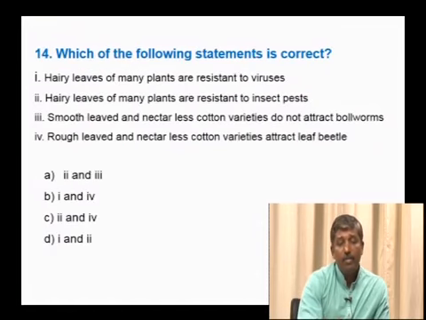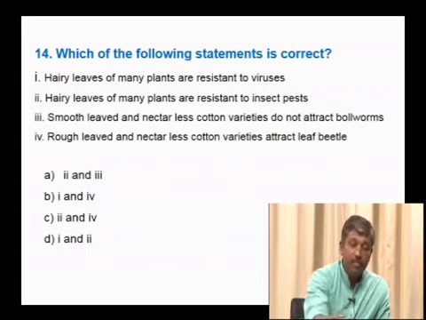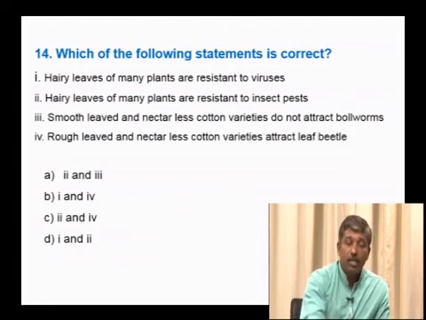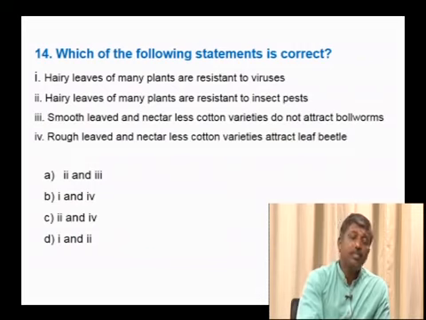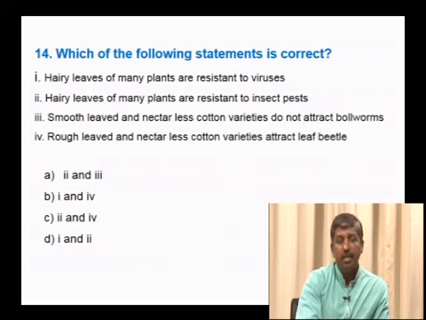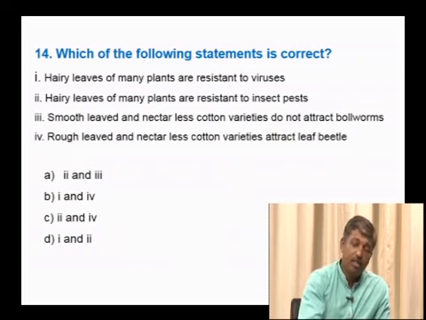Which of the following statements is correct? Hairy leaves of many plants are resistant to viruses; hairy leaves of many plants are resistant to insect pests; smooth-leaved and nectarless cotton varieties do not attract cotton bollworms; rough-leaved and nectarless cotton varieties attract leaf beetle. We can develop crop varieties resistant to insect pests by changing morphological, anatomical, and biochemical features.